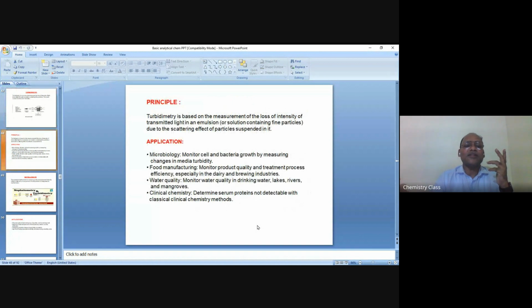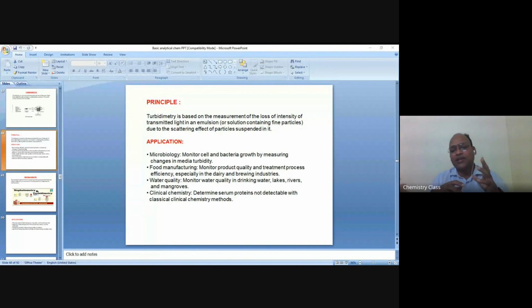So the principle is based on this. Turbidimetry is based on the measurement of the loss of intensity of transmitted light in an emulsion, that is, a solution. This is due to the scattering effect of particles suspended in it.